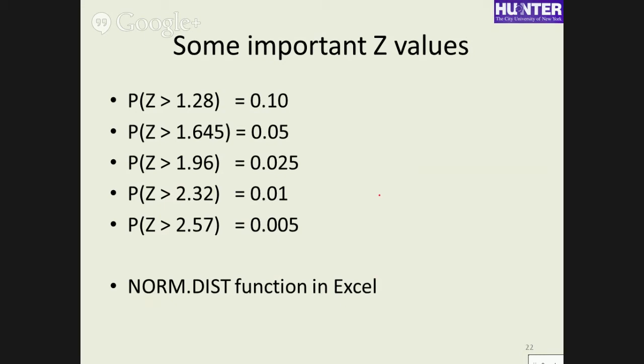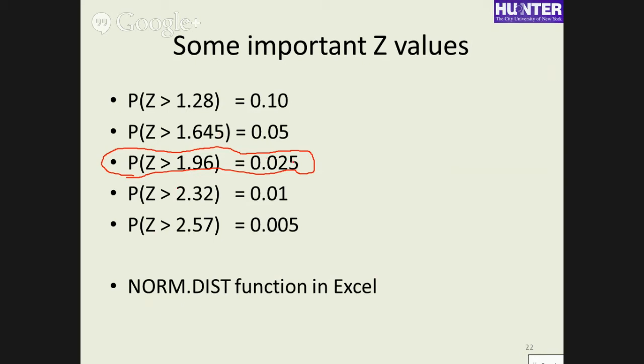There are a few important Z values, although the one that you're going to see over and over until you probably won't forget it is 1.96. The probability of a realization from the standard normal distribution greater than 1.96 is 0.025.